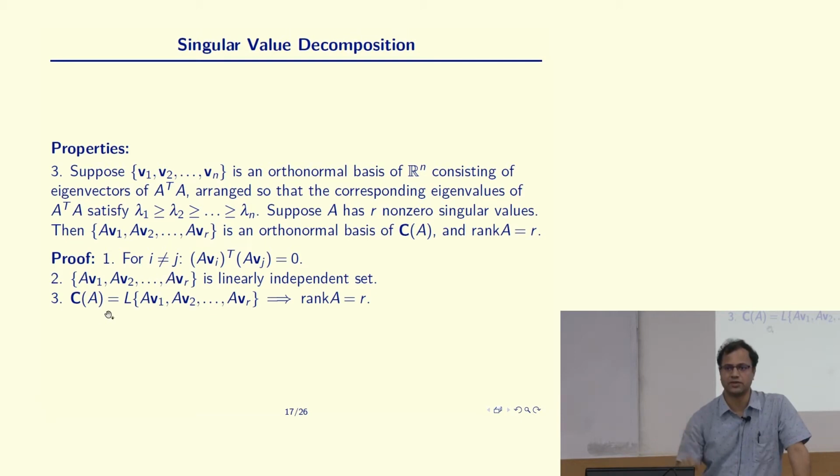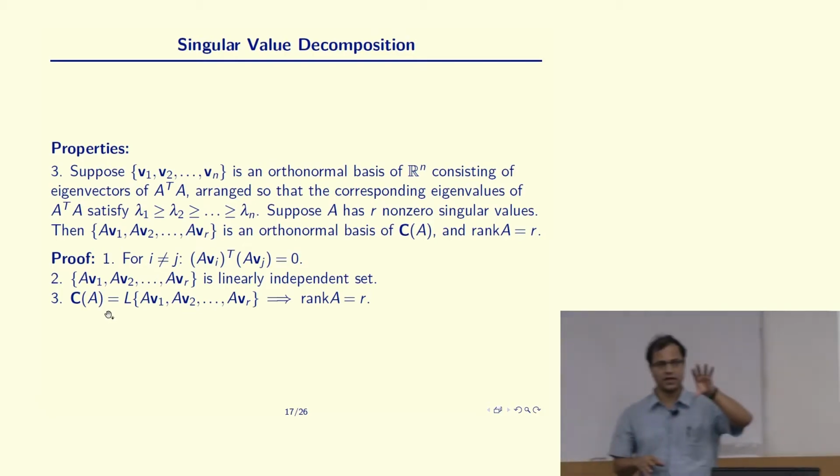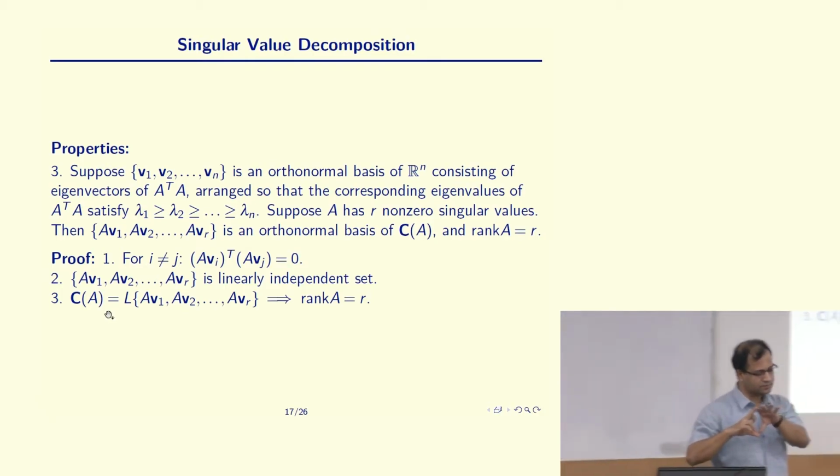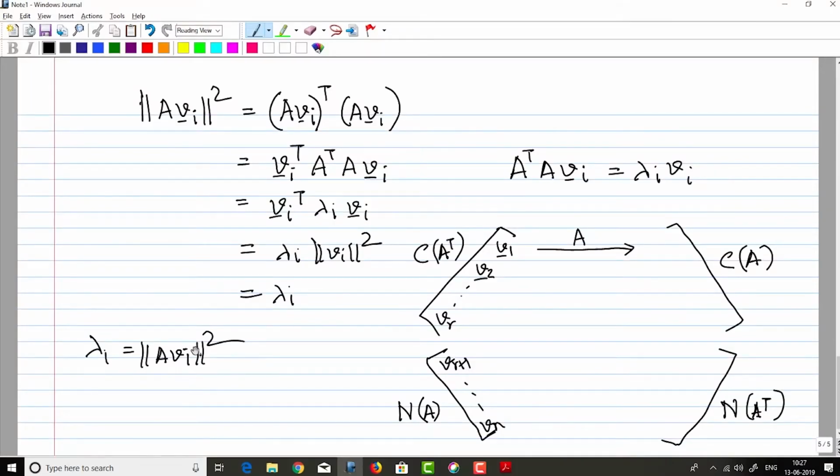Basically the idea is that we first compute the orthogonal eigenvectors corresponding to the matrix A transpose A, and then the AVis corresponding to these will go here: AV1, AV2, AVR.